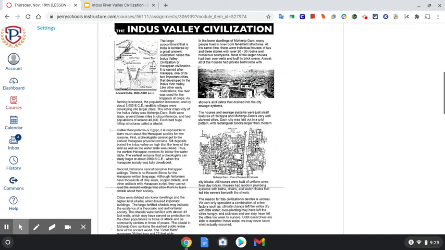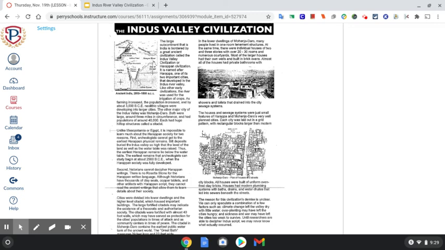So, for example, I'm going to read just the first thing and find one of those facts. Again, looking for the water source, arts and architecture, which means what do those cities look like? What kind of planning was there? Buildings, that kind of thing. Writing, cities, and government. If I go through this first paragraph as an example: the large subcontinent that is India is bordered by a great ancient civilization called the Indus Valley Civilization or Harappan Civilization.